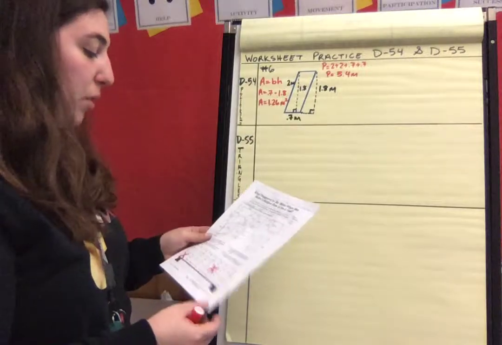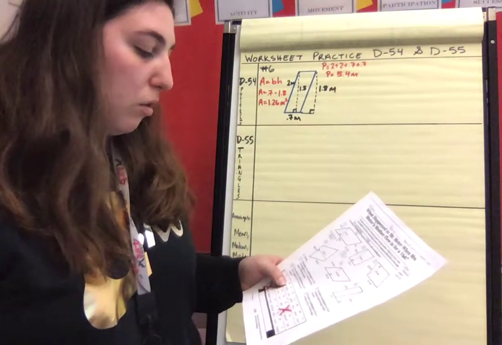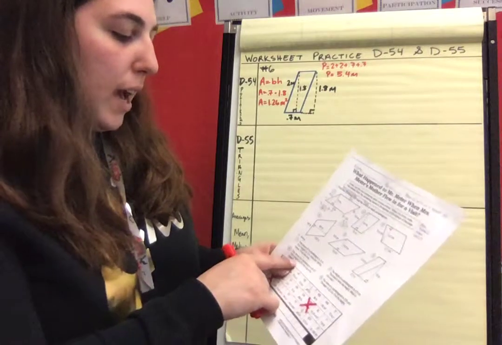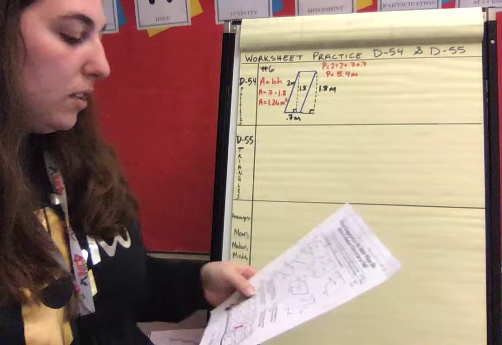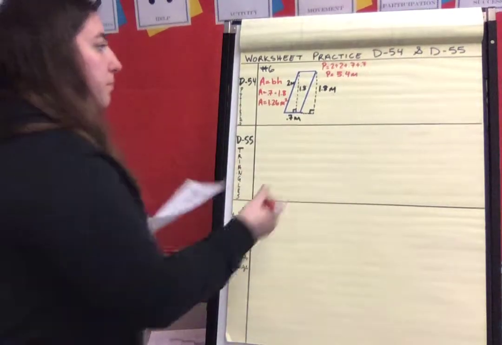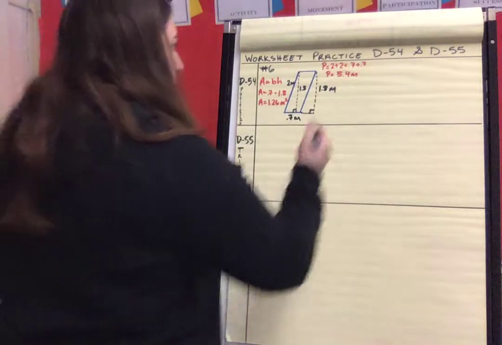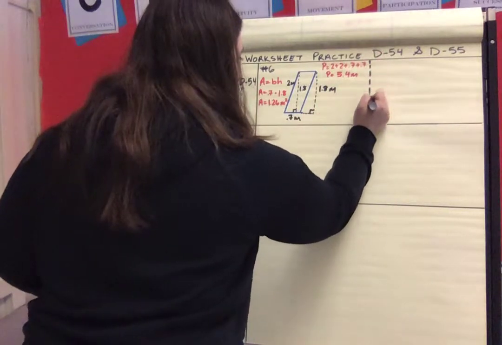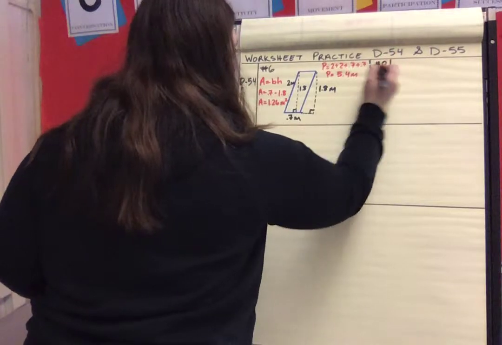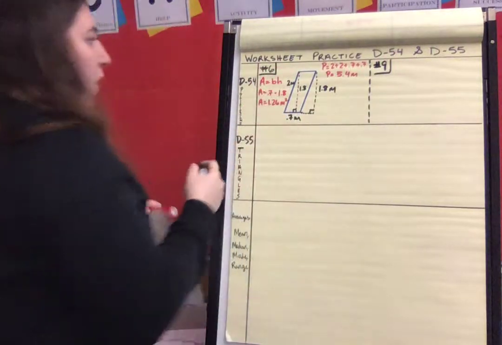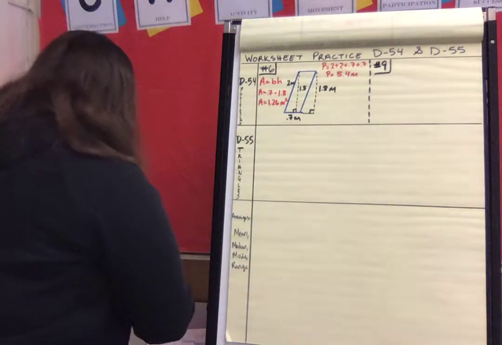Okay, one more example I wanted to do. I wanted to do a word problem. So let's do number 9. The area of a parallelogram is 60 feet squared. Okay, so in number 9, we know that the area is 60 feet squared.